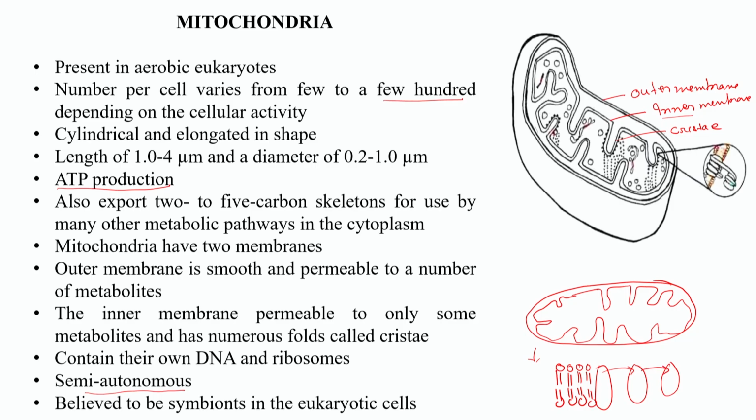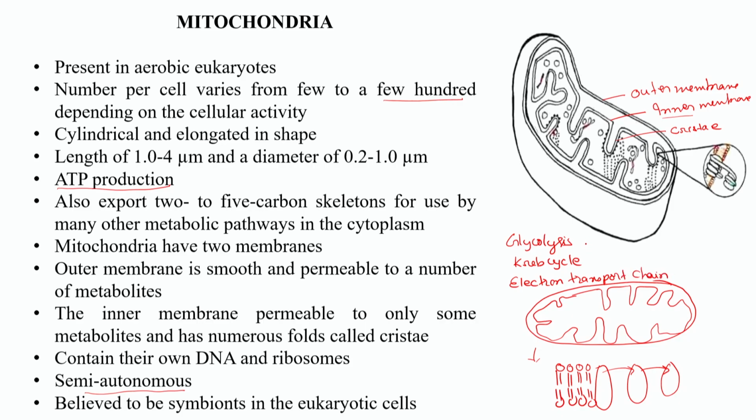Now when we talk about aerobic respiration, we talk about three types of process which takes place in aerobic respiration, that is glycolysis, Krebs cycle and electron transport chain.